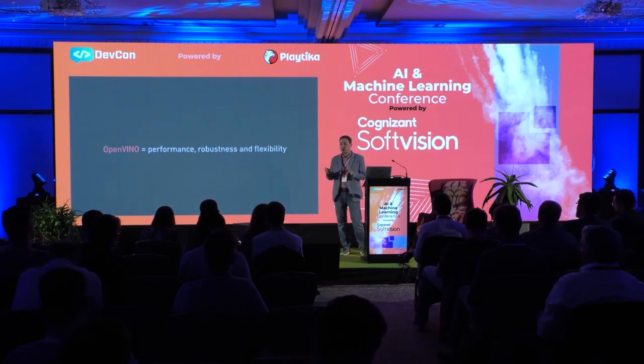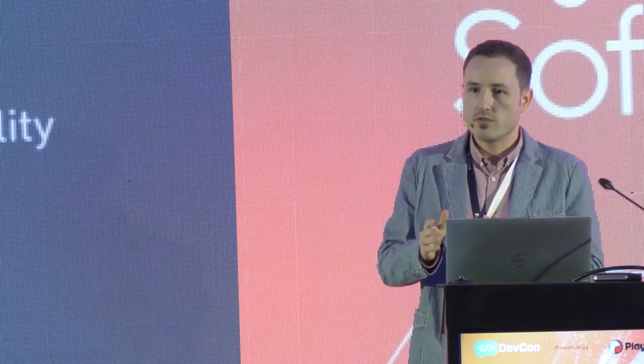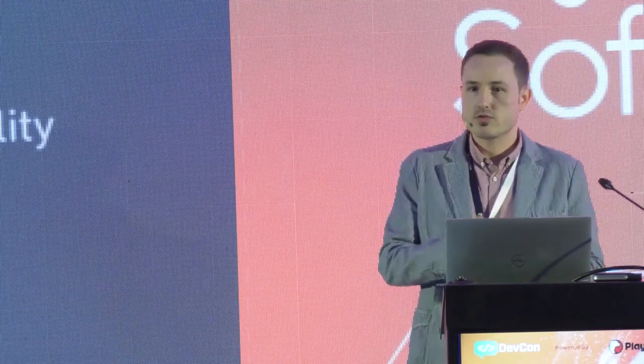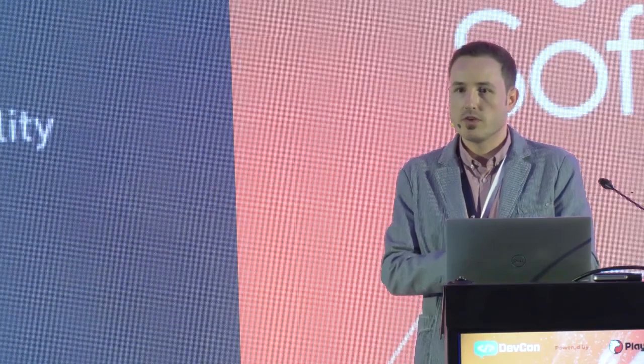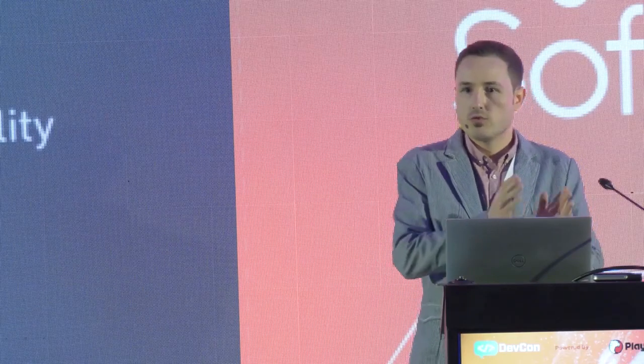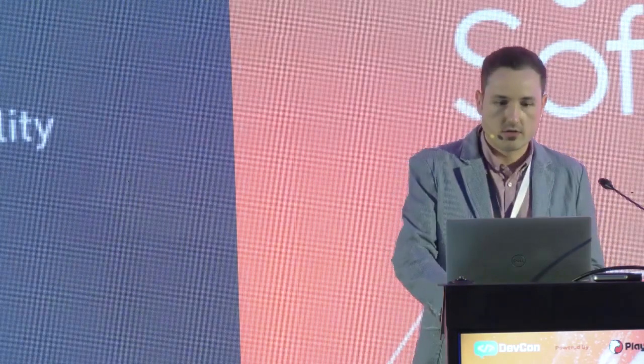So then I want to run them on an edge device, and if possible, on a low-power, cheap edge device. So then you have some trade-offs to do, but with OpenVINO, you also have a lot of flexibility because you can basically use the same toolset to run in all of these scenarios.